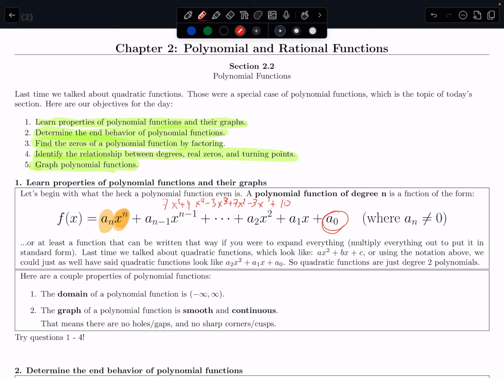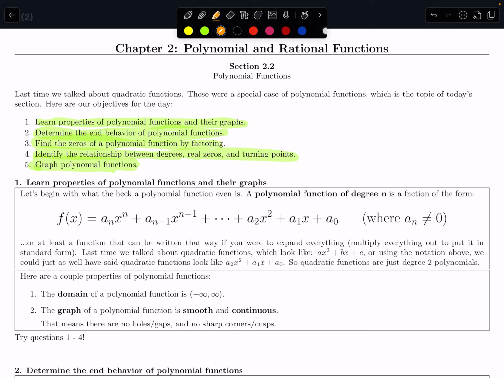That number at the end, we call a sub 0, just matching the powers, right? X is really x to the 1. So a sub 2 goes with x to the 2, a sub n minus 1 with x to the n minus 1. This is just a generalization to show you, okay, in a polynomial you've got a bunch of x terms with different powers of x, and each one has a coefficient.